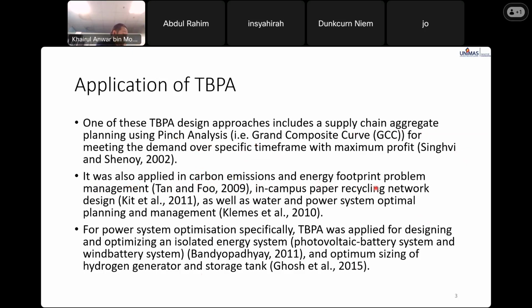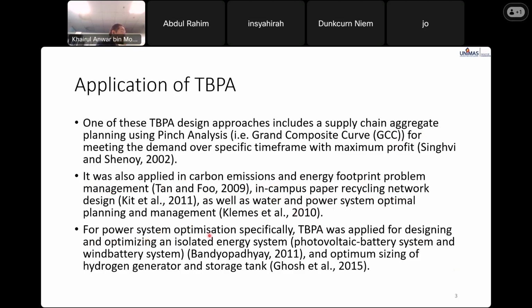So in this paper, this is the part where they do the literature review for TBPA, because GESCA is based on time-based pinch analysis. TBPA was already applied in carbon emission, energy footprint problem, campus paper, recycling network, water and power system optimization.